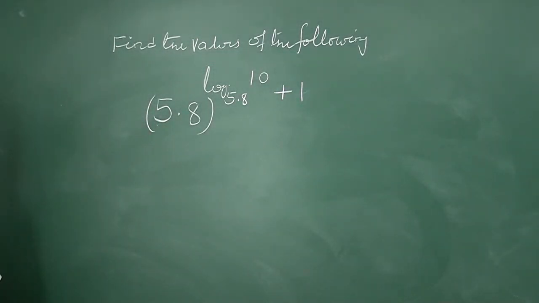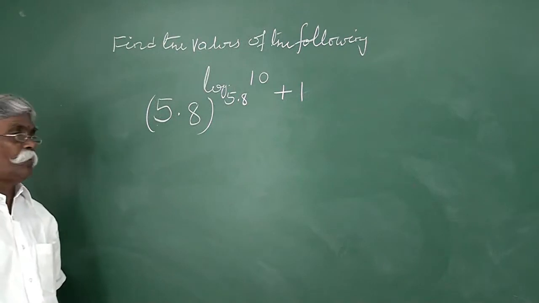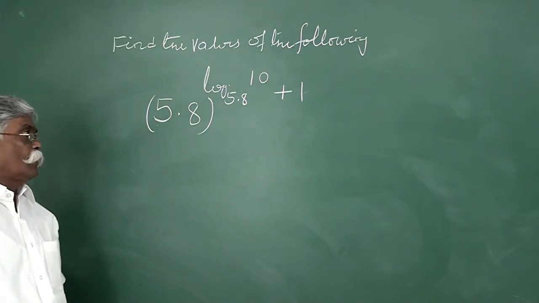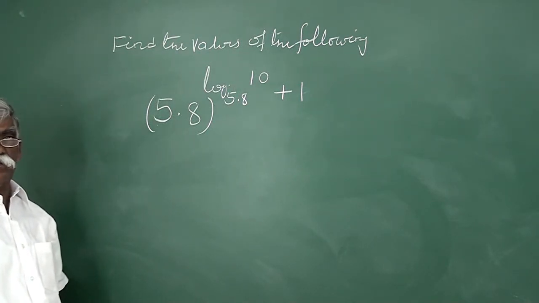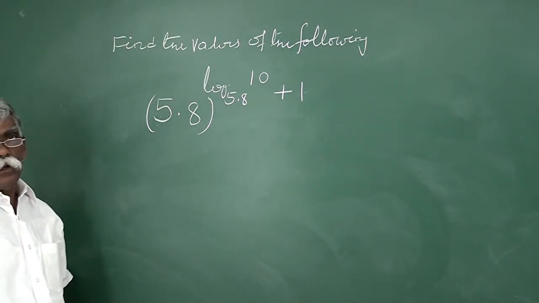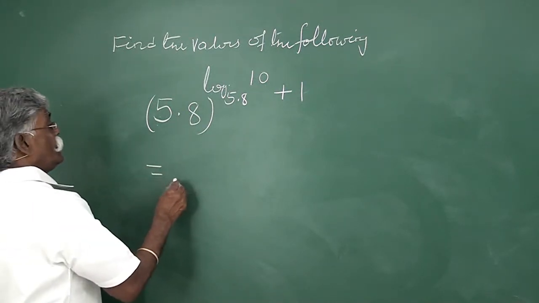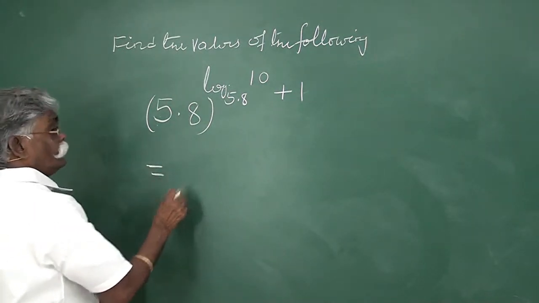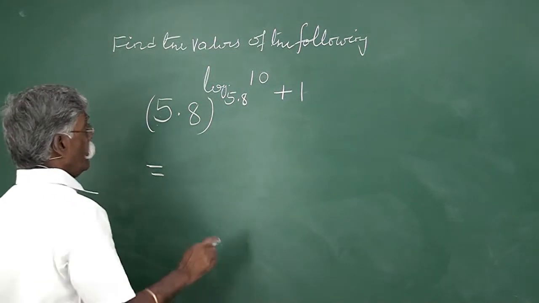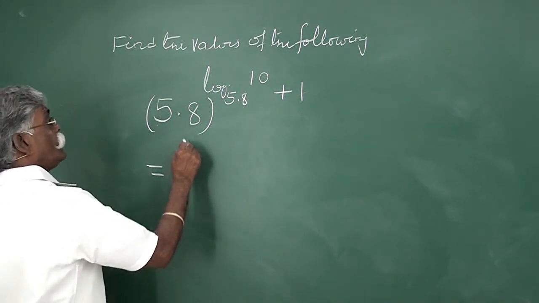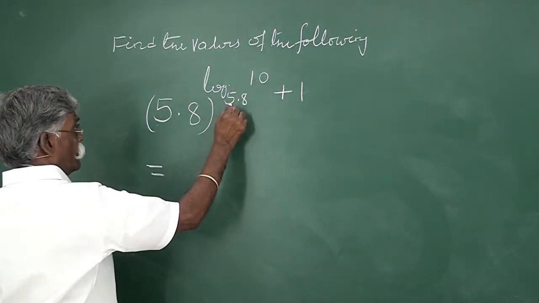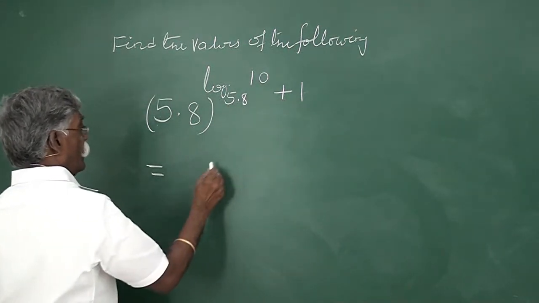So the given value is 5.8 to the power log of 10 to the base 5.8 plus 1. We have to find the value, or rather we have to simplify. This is equal to 5.8 to the power log 10 to the base 5.8 plus 1.